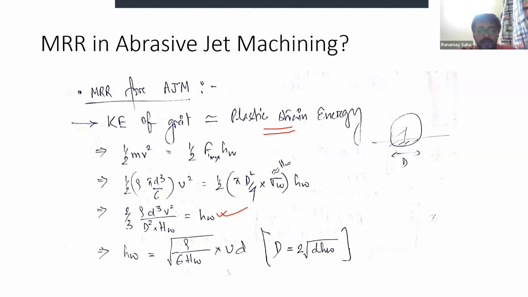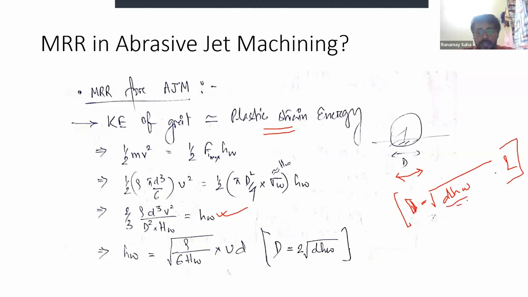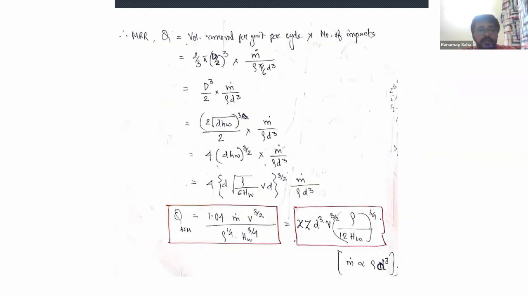In that case, we have used this D, the dia of the indentation, as square root of dia of the grit, the indentation depth multiplied by 2. The derivation you can check in the ultrasonic machining process. I have discussed it earlier. So just replace it and finally find out the Q, the MRR.